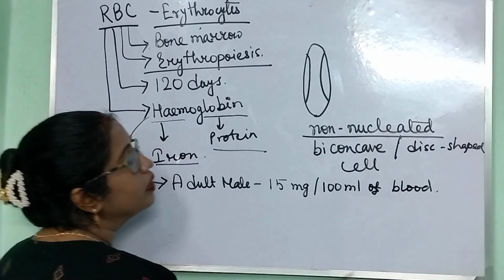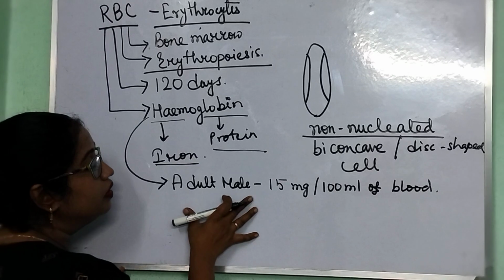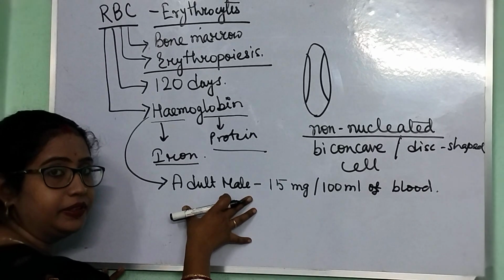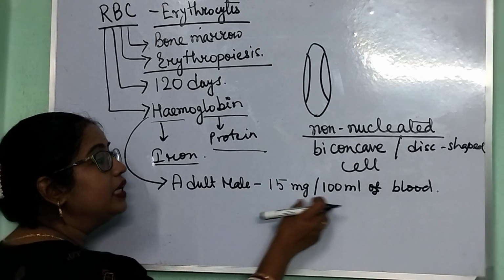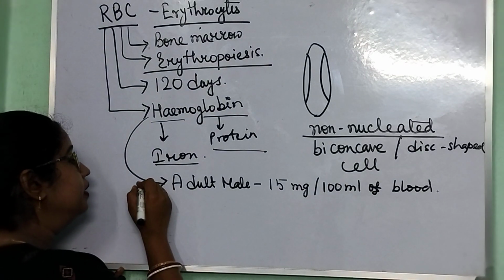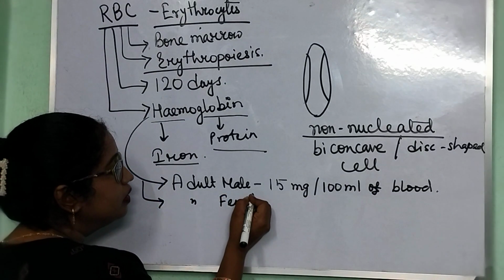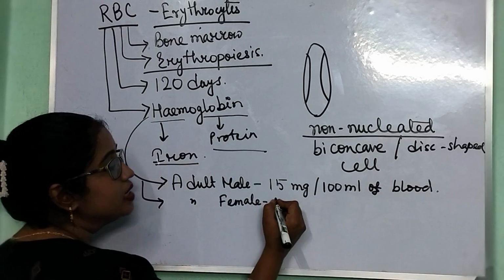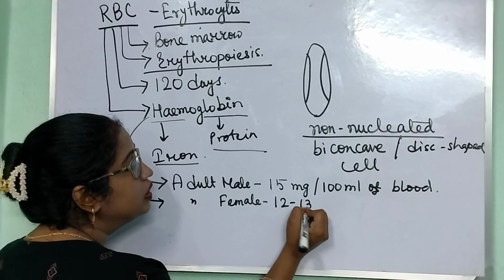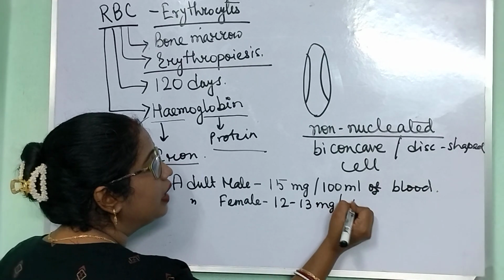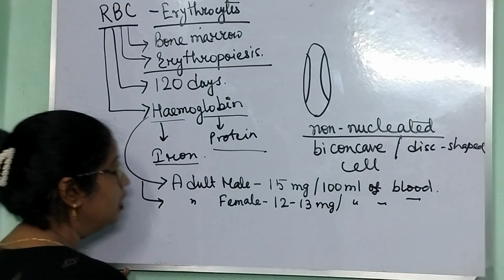This is the hemoglobin contained in an adult male, that is 15 milligram per 100 ml of blood, whereas in an adult female the hemoglobin content ranges between 12 to 13 mg per 100 ml of blood.